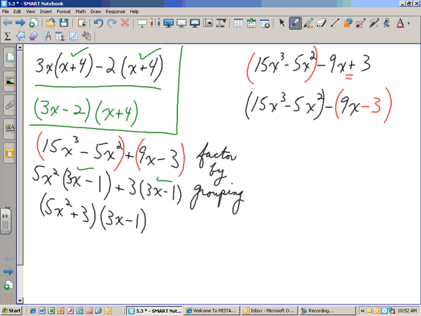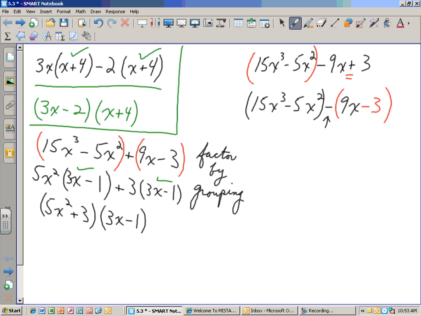So I want you guys to watch out for that. And the reason why, do you know why? If I distribute this negative, it's going to be negative 9x and a plus 3, so it wouldn't change anything. So when you put the parenthesis by a negative, you must change the second sign.